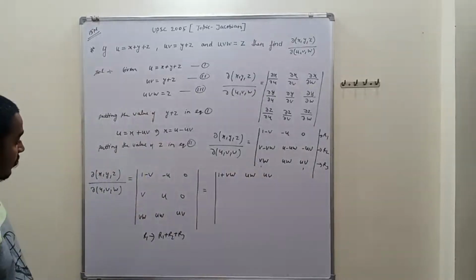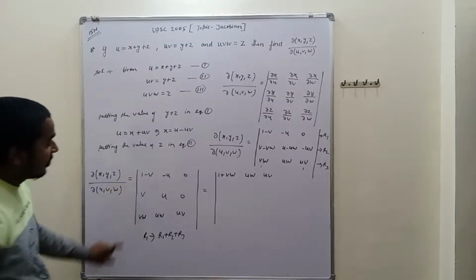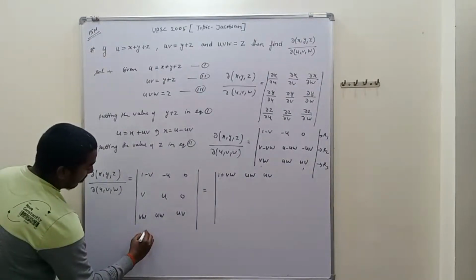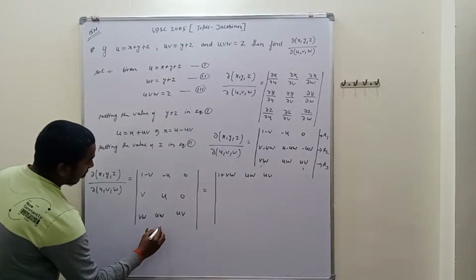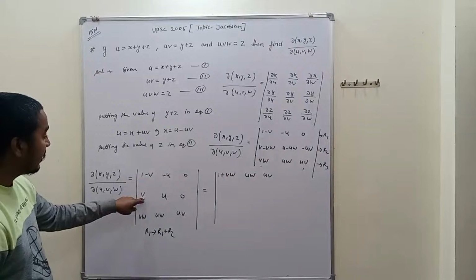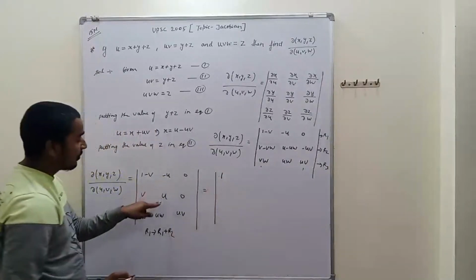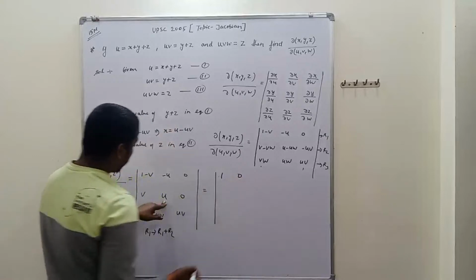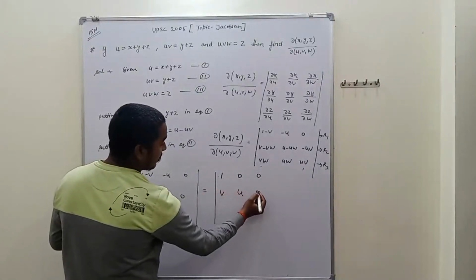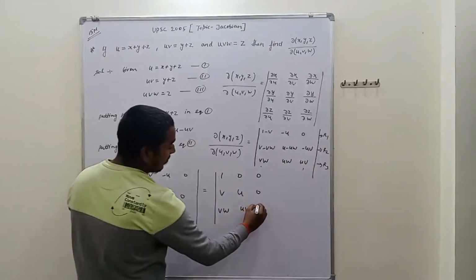Further we have to solve once again. We have to take the operation in R1 replacing R1 plus R2, that is 1 minus V plus V, 1 minus V plus V is 1, and minus U plus U is 0, and 0 plus 0 is 0, and further that is V, U, 0, and VW, UW and UV.